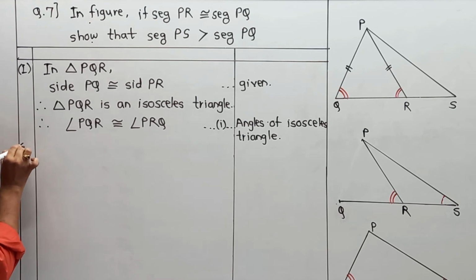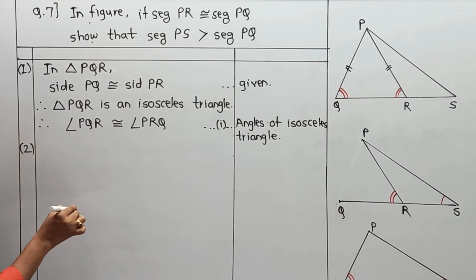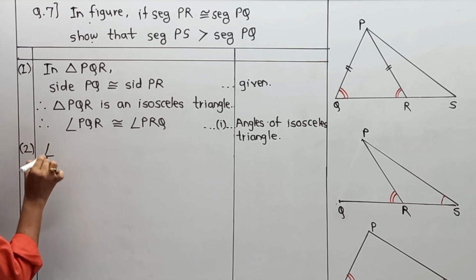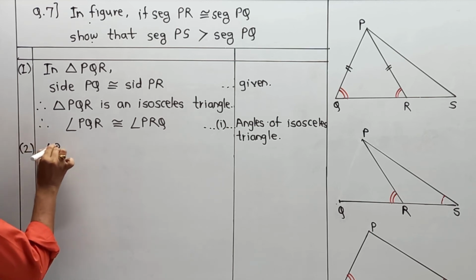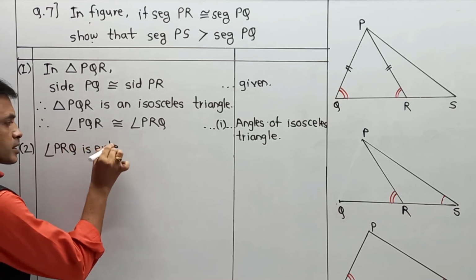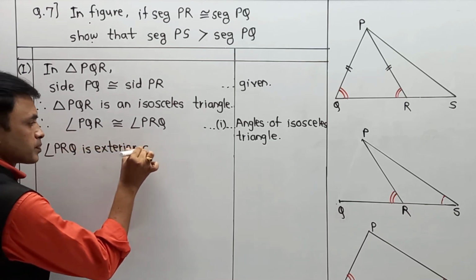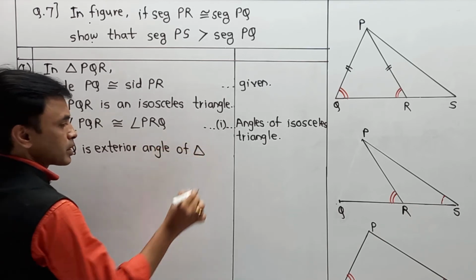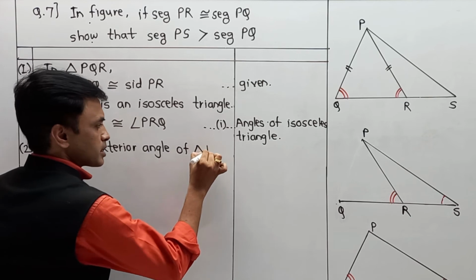So part 2 and a part is in triangle PRS, or you can say angle PRQ is exterior angle of triangle PRS.